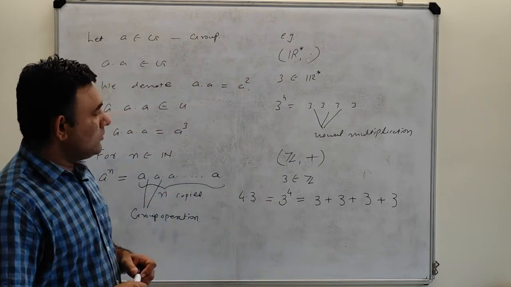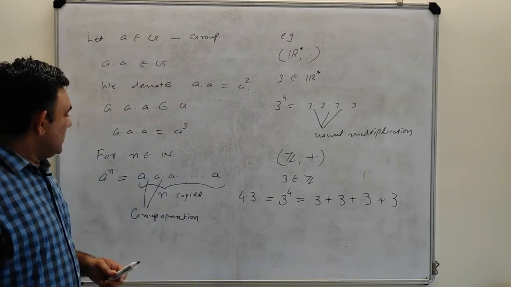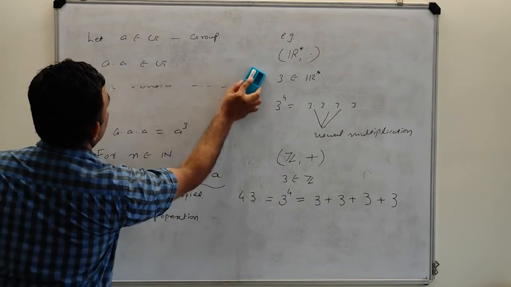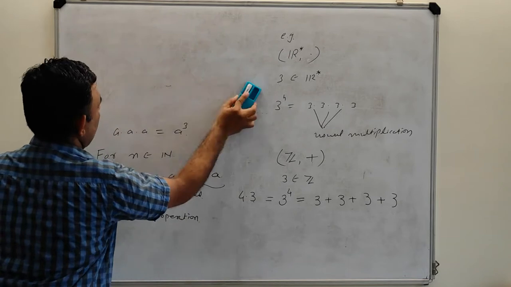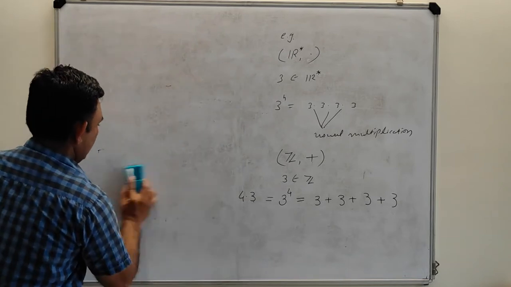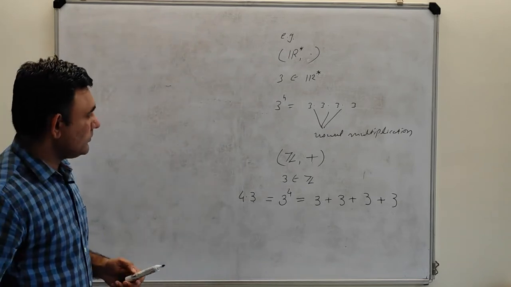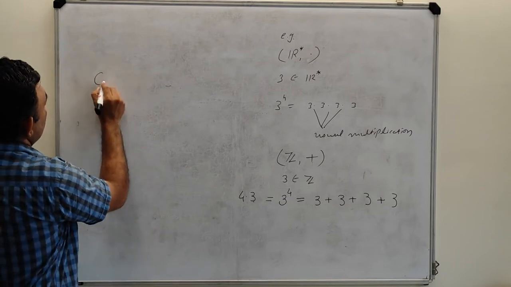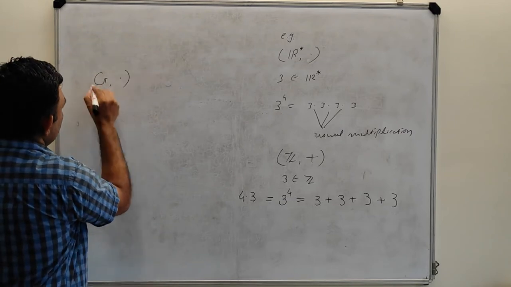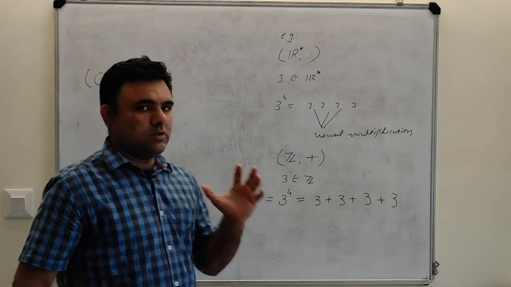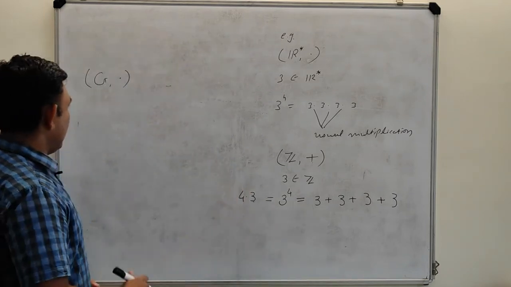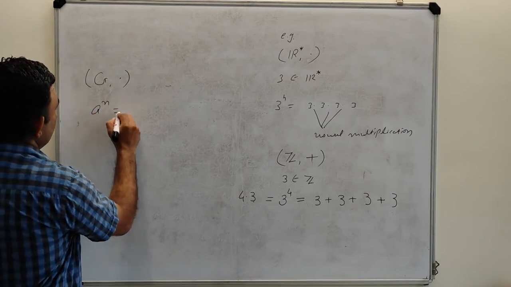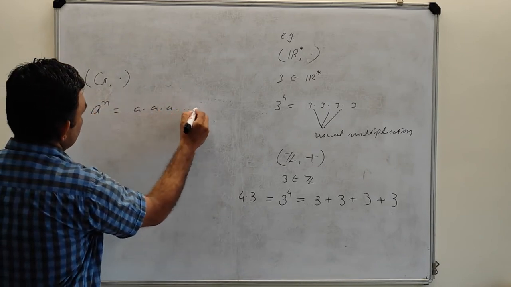So here we have two things. Suppose our group G has an operation of multiplicative type. In that case we write a raised to n as a dot a dot a and so on a.